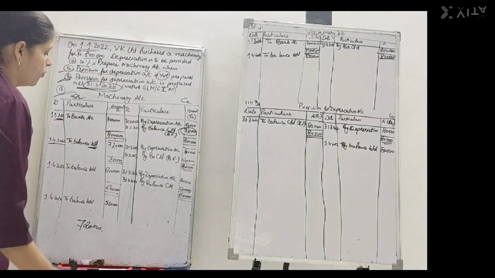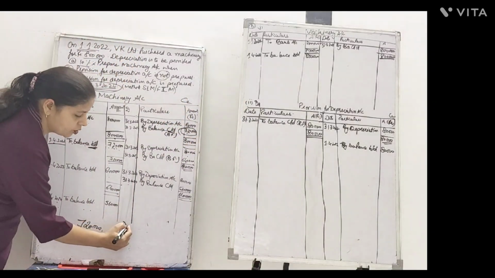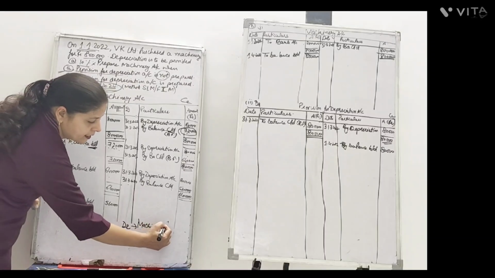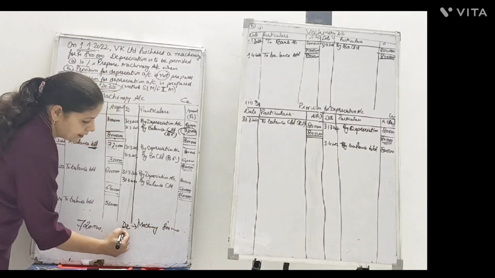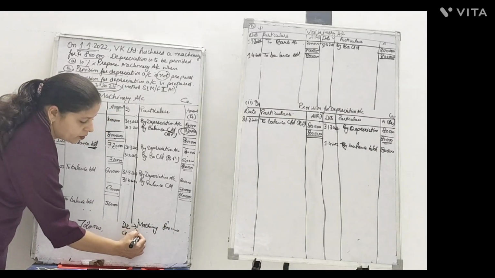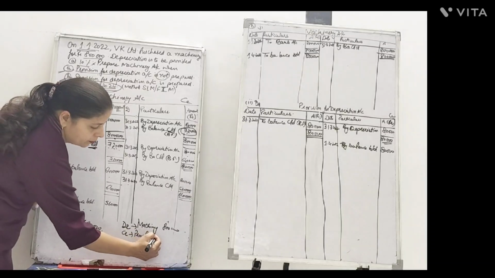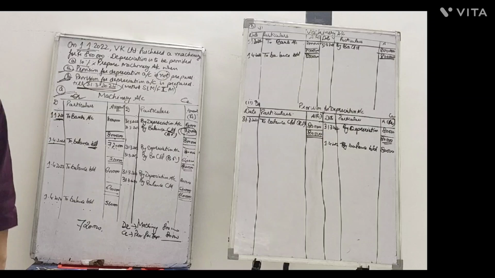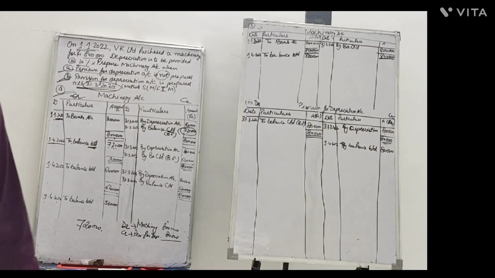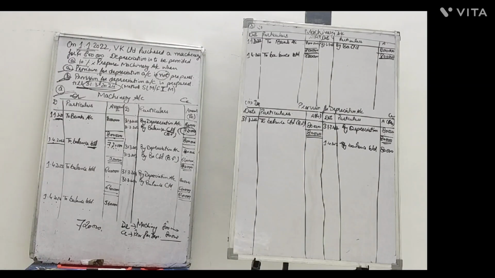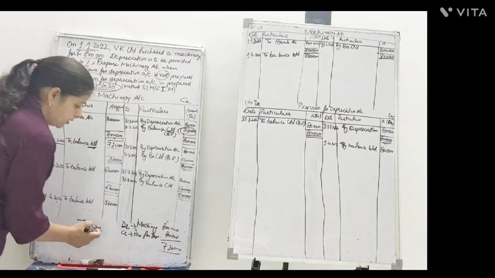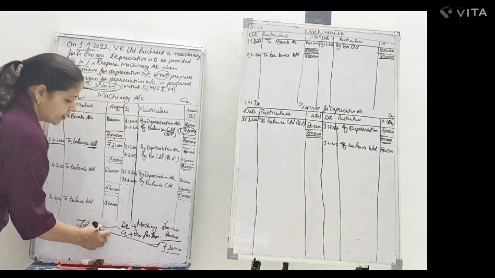So see what we have done: we showed machinery with a debit balance of rupees 8 lakh and credit of provision for depreciation account with rupees 80,000. So what is the balance of the machinery here? The balance of the machinery here is rupees 7,20,000.